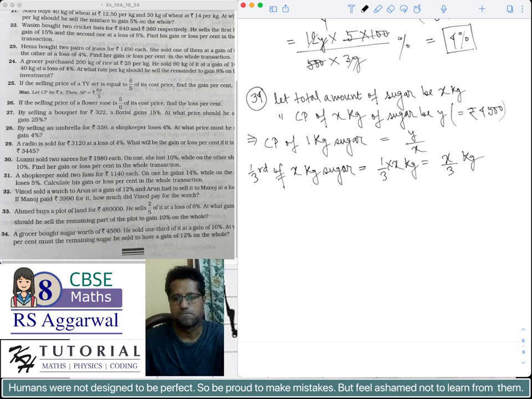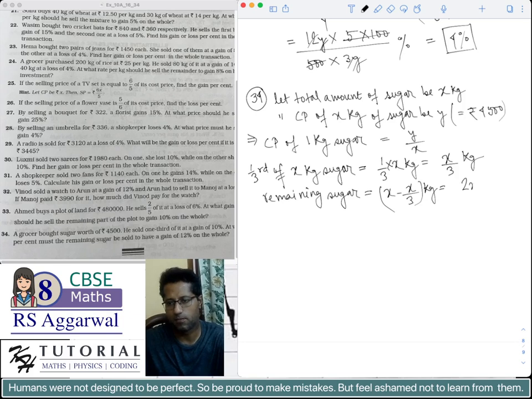So the remaining sugar will be equal to X minus X by 3 kg, which is equal to 2X by 3 kg.